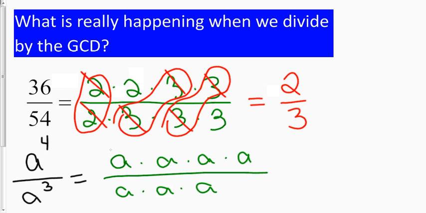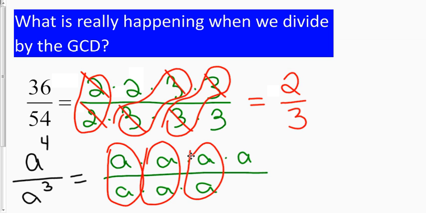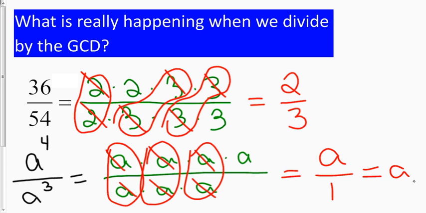Well, again, if I look at what's the greatest common divisor, I circle what they share in common, right? They share a in common. So the GCD is a to the 3rd. And if I wanted to simplify this fraction, I would cancel out whatever they have in common, and I am left with a over, not 0, but 1. Remember, because there's the understood 1 here, or just a.